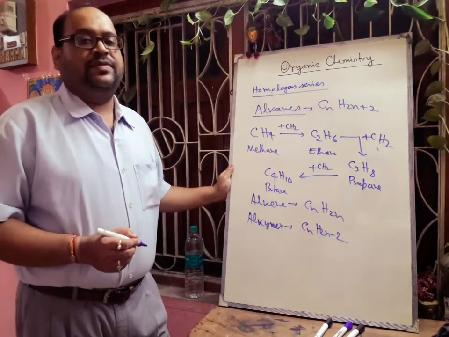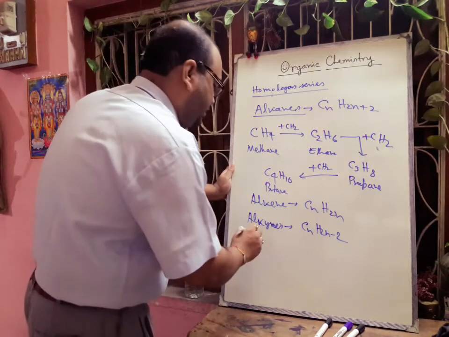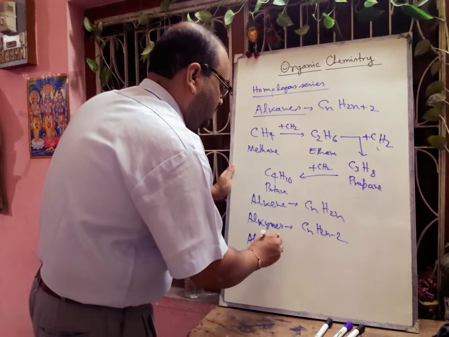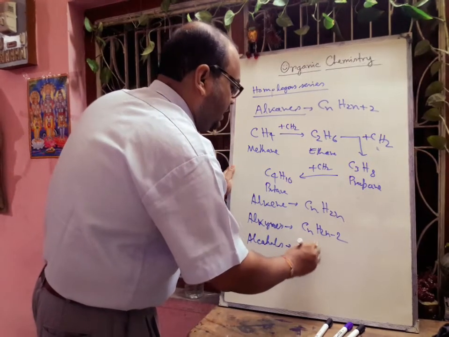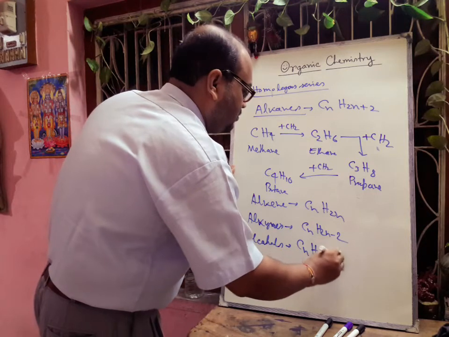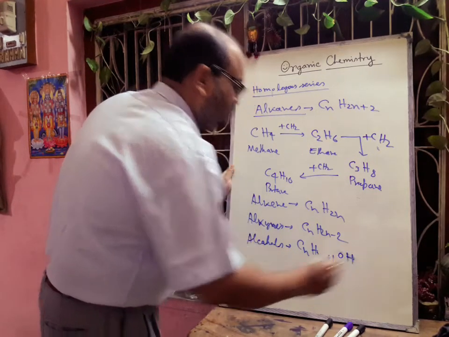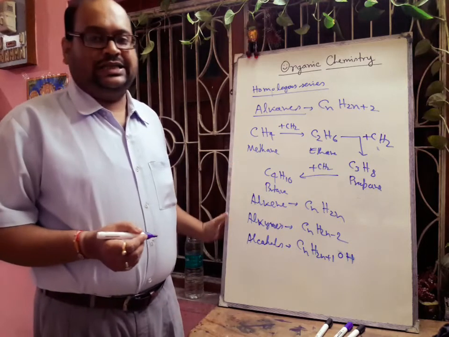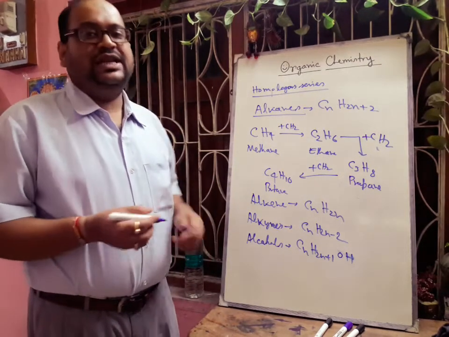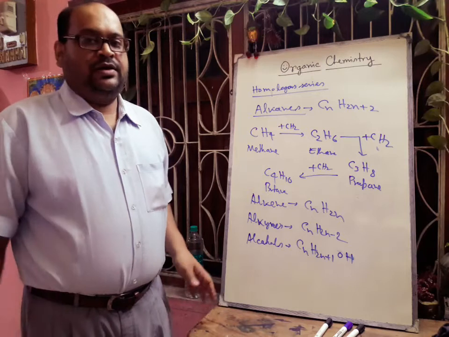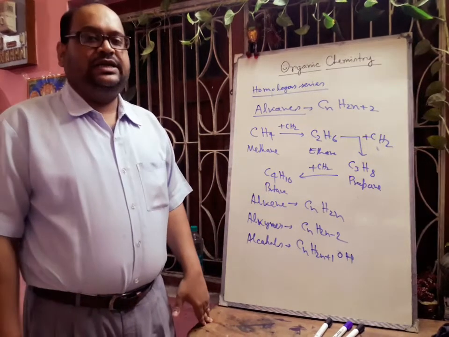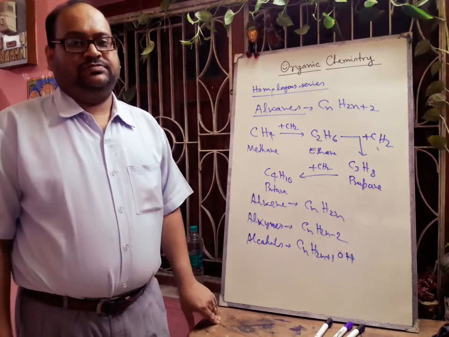In case of alcohol, we can write CnH2n plus 1 OH. So these are the general formulas by which we can represent a homologous series.